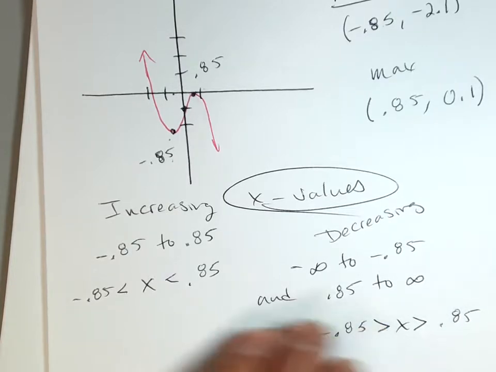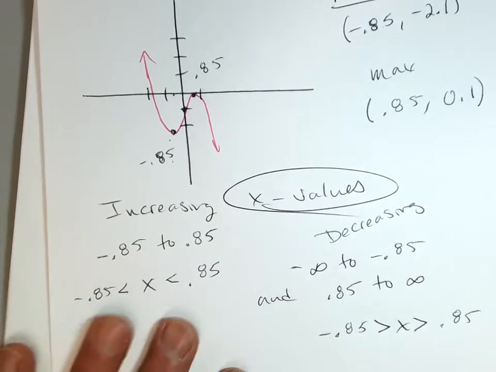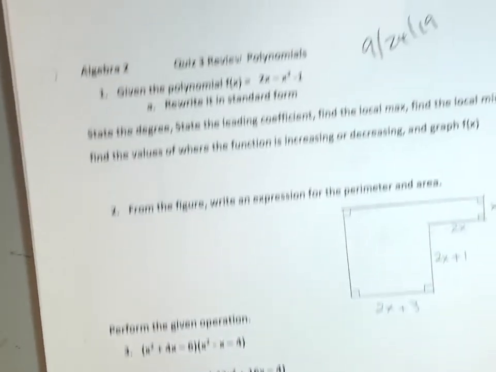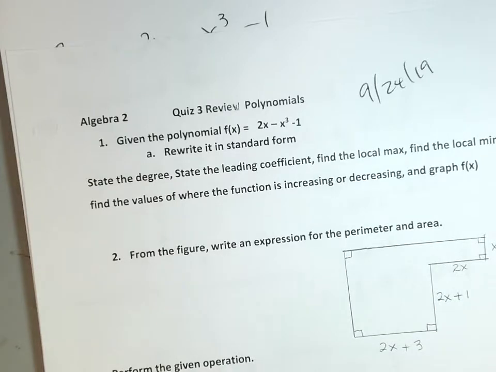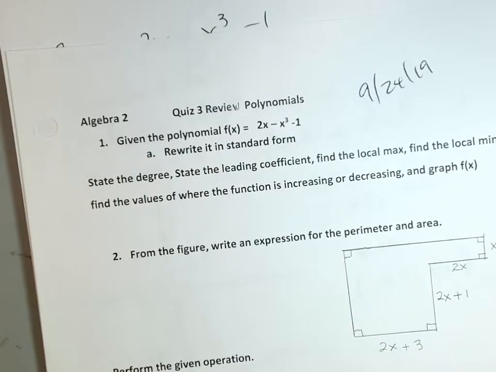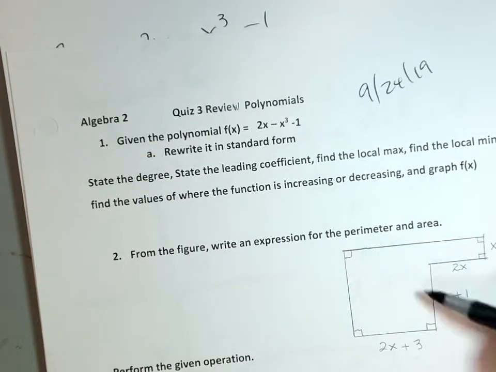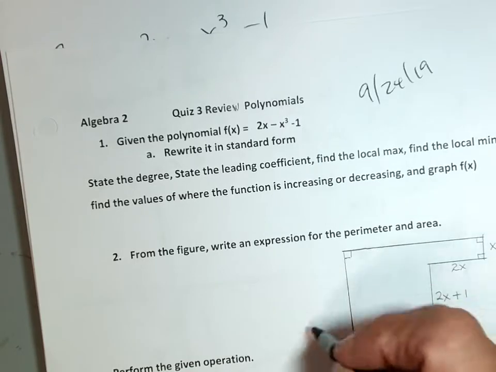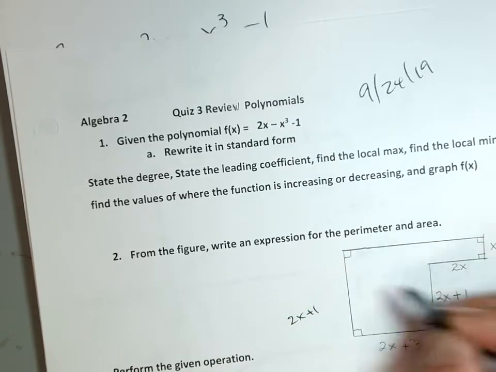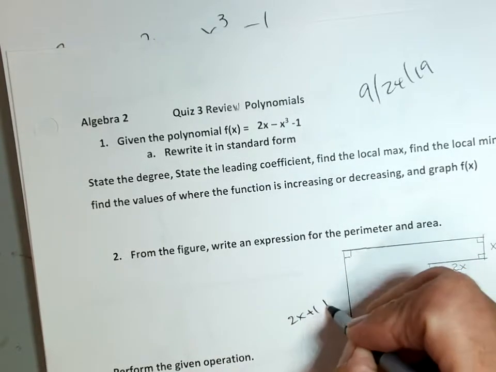Okay, number 2. So if I want the perimeter and the area, okay, let's see. First of all, let's tackle the perimeter, okay? So the perimeter, we've got to go from here to here. So this distance here is going to be the 2x plus 1 and plus the x, right?